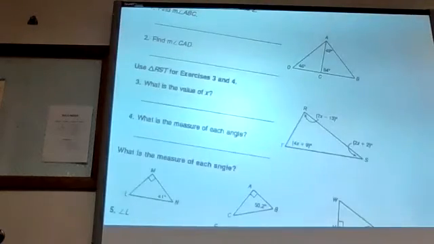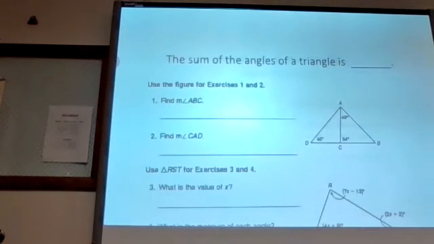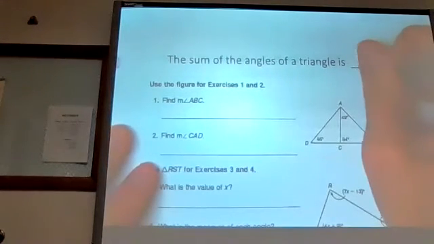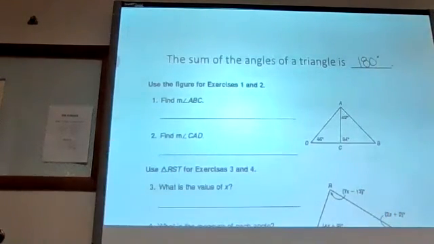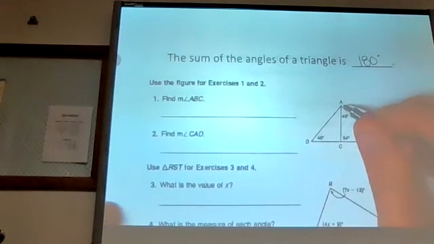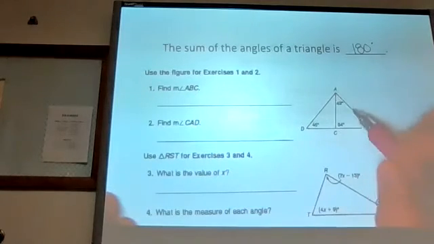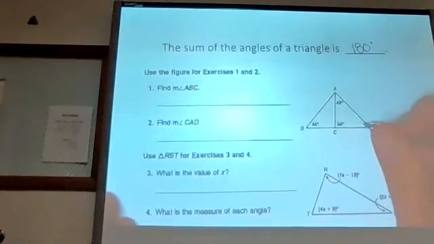Tell me again, the sum of the angles in the triangle, what would it add up to? 180. So now we're going to use that to do a little bit of math. You'll see this on your homework as well. It says find angle ABC. That's why we rewrote all of our angles. So ABC means this angle here.